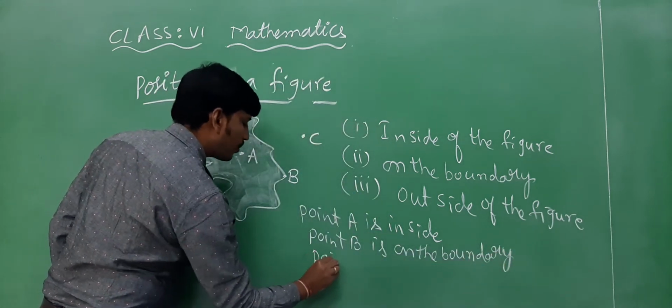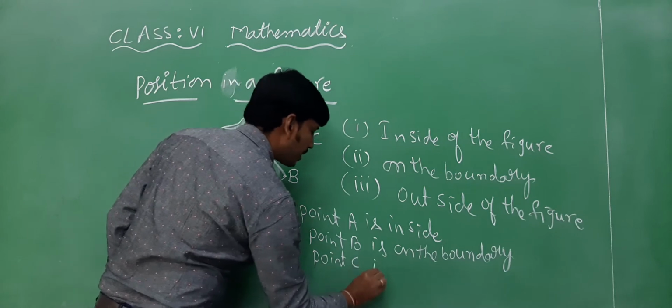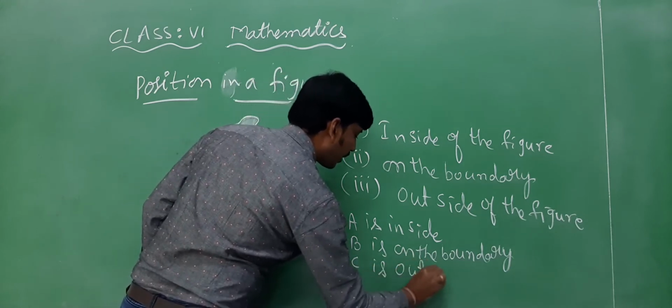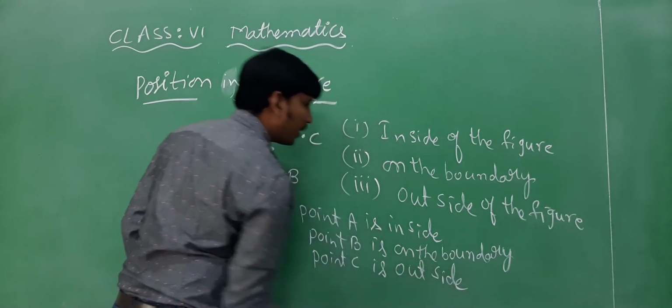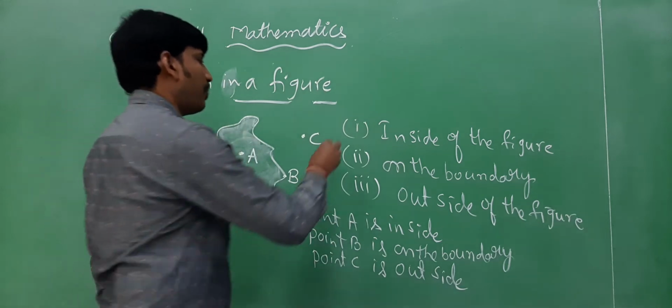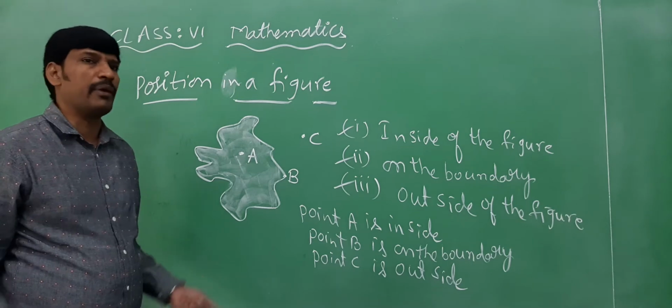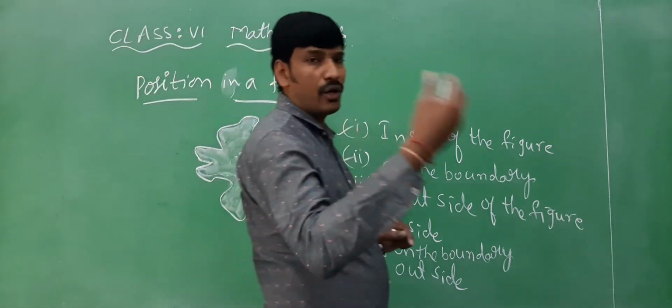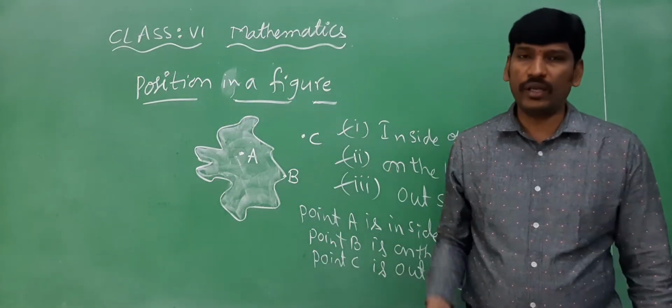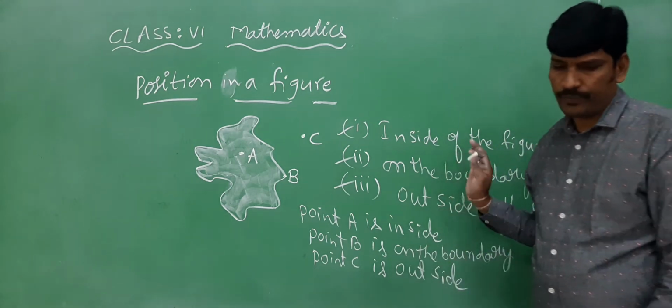Point C is outside the figure. Okay, is this clear? Only these 3 conditions are possible for position in a figure. It may be inside, it may be on the line, it may be outside of the line. Is this clear, children? Right.